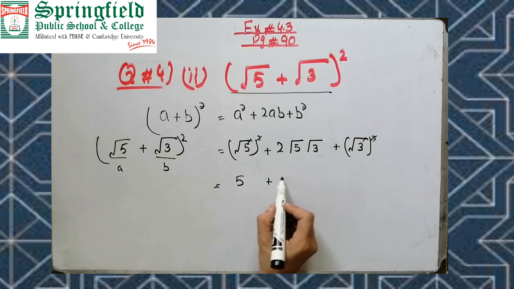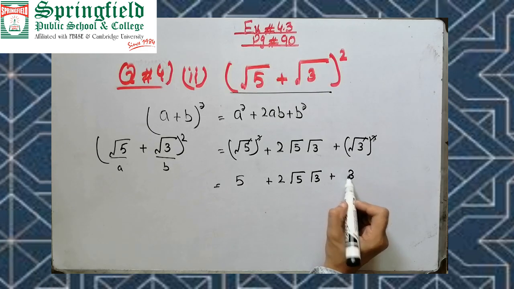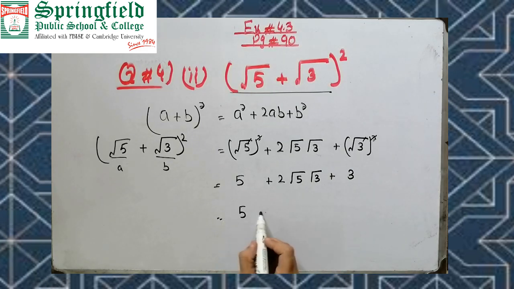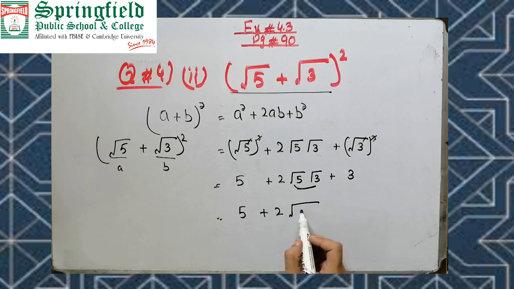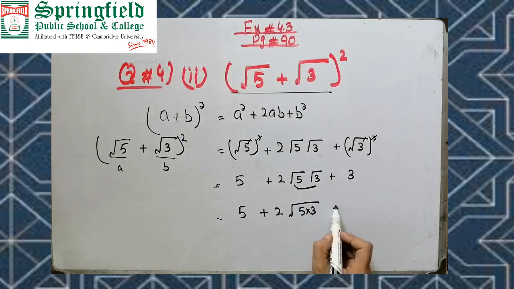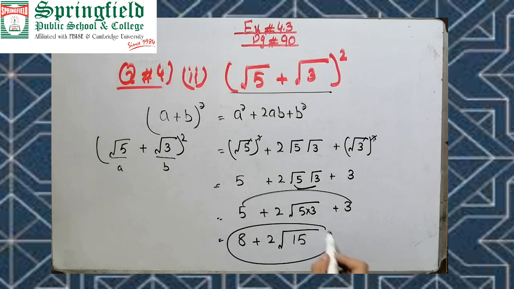So just 5 plus 2 under root 5 under root 3 plus just 3 is left. 5 plus 2, and according to the property it can be written as just 1 under root 5 multiply 3, plus 3. So 5 plus 3 is 8 plus 2, and 5 multiply with 3 is 15. Fine, and this is your final answer.